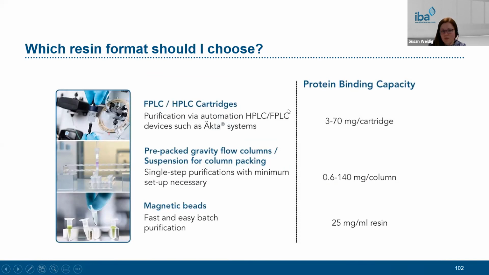I would take cartridges if you have a system for automation, for example, an ÄKTA system, because these cartridges are really easy to handle, and you can put them in the HPLC, FPLC, and it works by itself. But if you do not have a system for automation, gravity flow columns or magnetic beads are applicable as well.